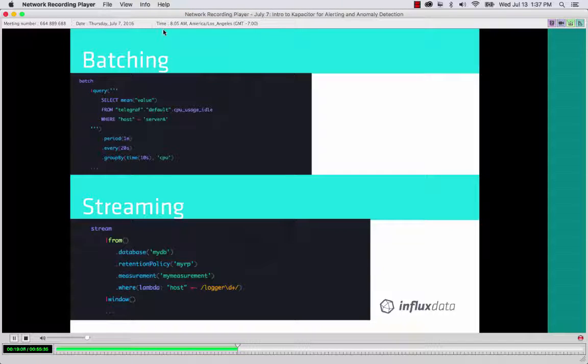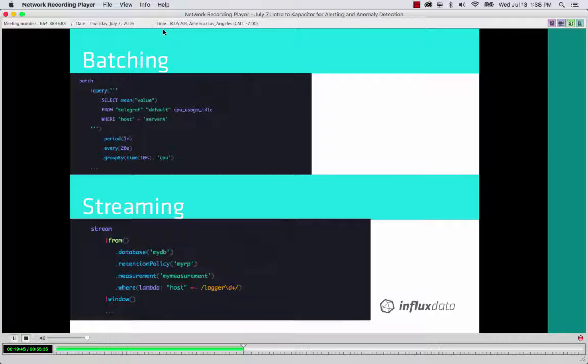So we're just going to hop right into the Kapacitor syntax. It's a little bit interesting. We use these pipes to delimit the branching in the nodes in that DAG. So up at the top, if we wanted to define a batch job in TICKscript, we would say batch pipe query, and then you give it some InfluxDB query that you'd like to execute. And then you tell it a period and an every and a group by time.